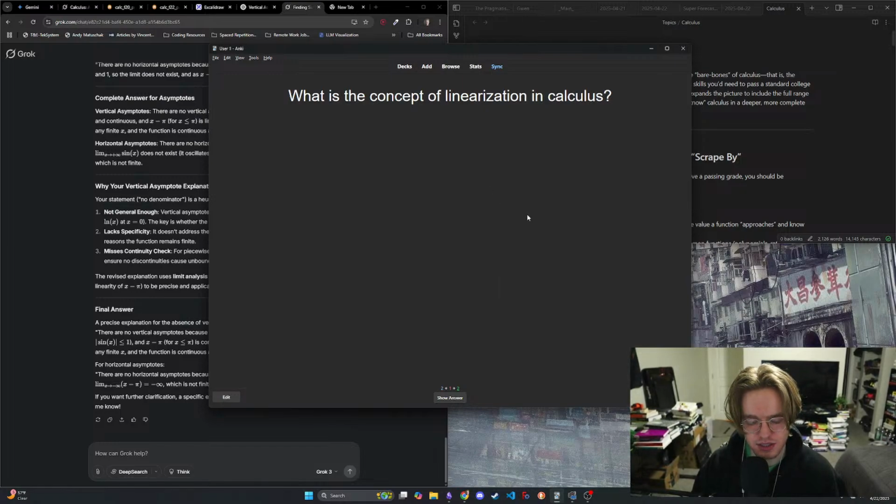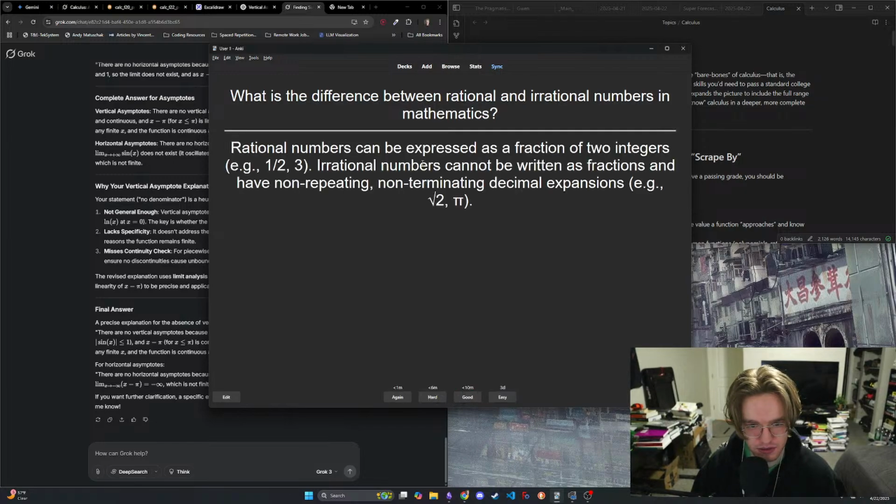This is using the slope of the tangent line as an approximation of the function. A rational number is one that can be expressed as a ratio of two integers. Rational numbers can be infinite, but they have to be repeating. Irrational numbers cannot be expressed by a ratio of two integers, and they can have non-repeating infinites.